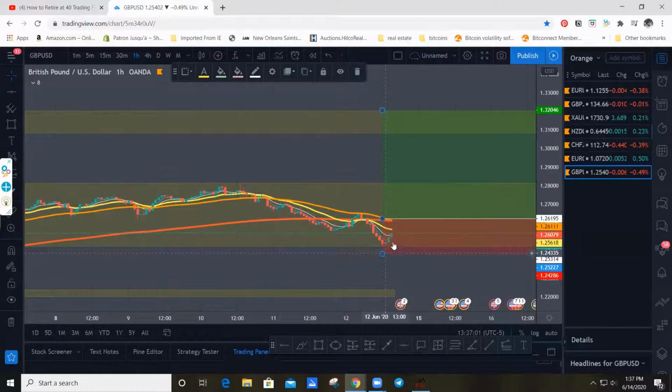On the 1 hour, see price coming back up to this 200 on the 1 hour. Man, you can't make that up, bro. Look at that. Look how sweet that is. Just see how it reacts once it gets to that zone on the hourly, and the 15-minute, and either takes it back up to the upside or takes it to the downside.